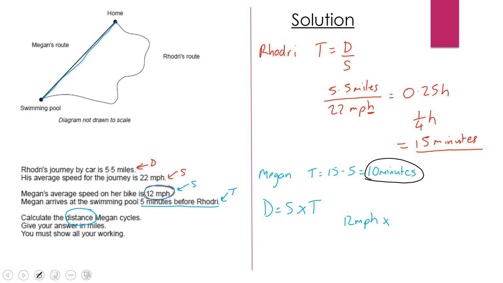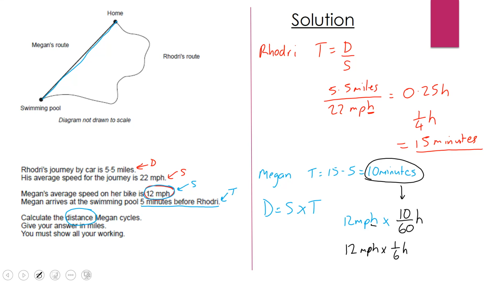But we've got speed in hours, so we need to put 10 minutes into an hour. Well, what do we know about minutes and hours? We know that there are 60 minutes in an hour. So to do this bit, really, that's 10 minutes out of 60. So that's in hours. We can simplify that a little bit further. So we can say that it's 12 miles per hour times 1/6 of an hour. 10 minutes is 1/6 of an hour.